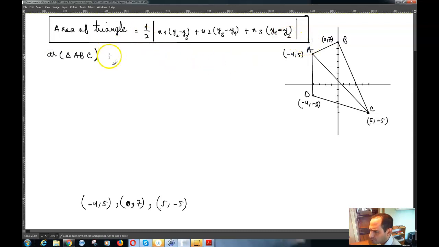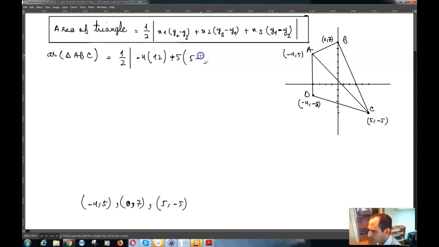Then I can write this as 1/2 times the absolute value of x1, which is -4, times y2 minus y3, so 7 plus 5 is equal to 12, plus x2, which is equal to 0, plus x3, which is equal to 5 times y1 minus y2, so 5 minus 7.